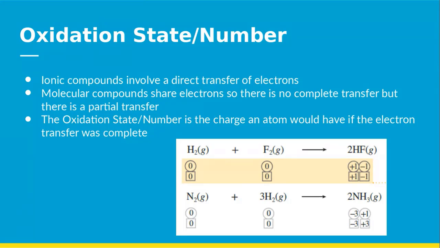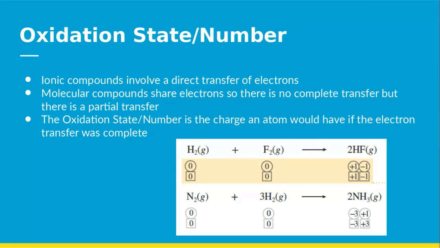What the oxidation state or number actually tells us is the charge an atom would have if the electron transfer was complete, as if it was an ionic compound. So we're almost treating these covalent compounds as if the electrons being transferred were ionic. There are various rules that we will discuss for assigning oxidation states, which we'll see on the next page, but over here is a brief schematic of how we typically write these out.